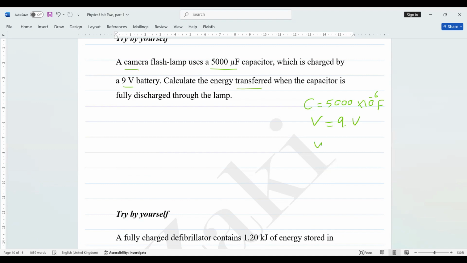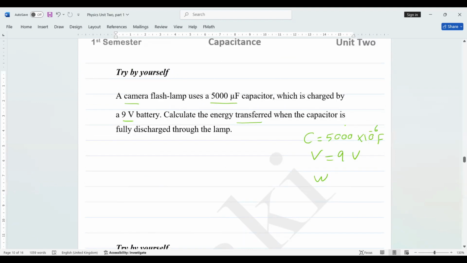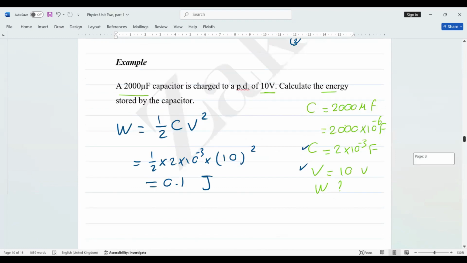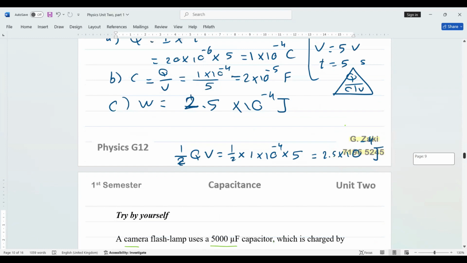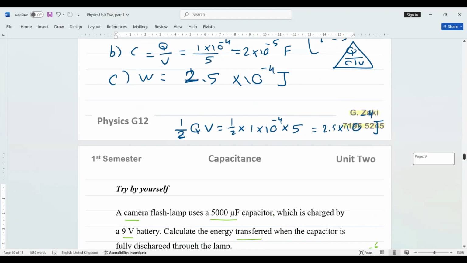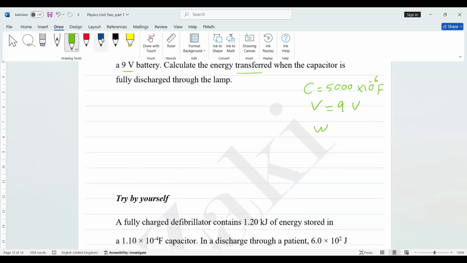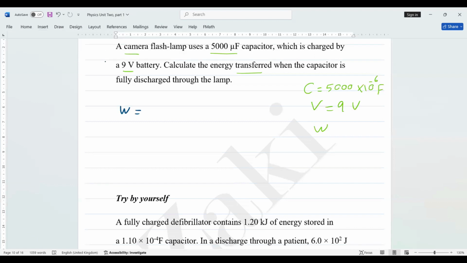Then half CV squared. The energy is half CV squared. Remember the formula, number 2. Then we write the answer here. So the energy equals half CV squared.